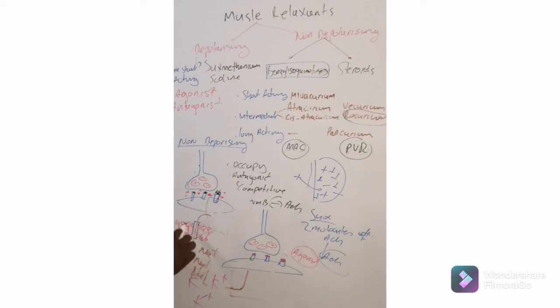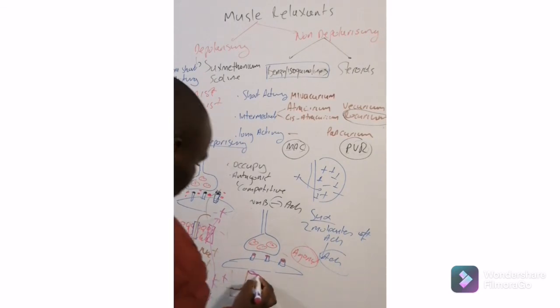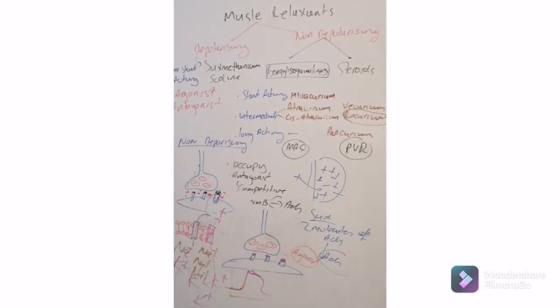So what's going to happen is that potassium channels are going to open, and when those potassium channels open, potassium is going to be kicked outside the cell. Now you're going to get something like this, which is repolarization, and then it goes down as calcium also gets involved.